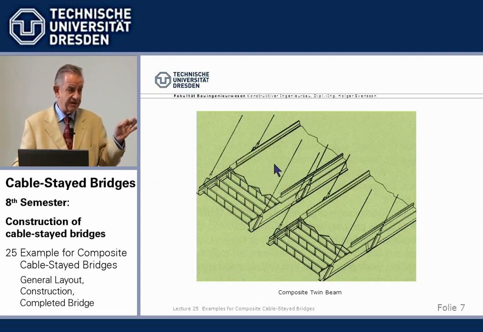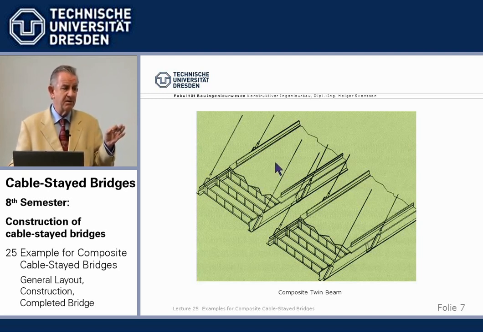Remember, no site welding in the United States, only bolting. So you cannot make boxes and things, these funny modern things. We don't do that in the US. We use open steel sections and bolt them together. We've done it all the time, works very well.